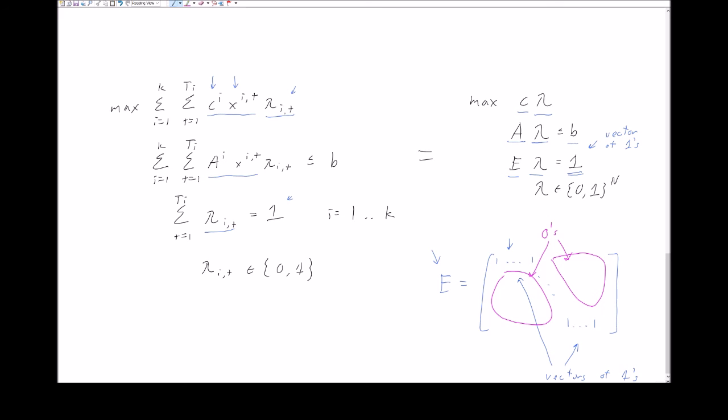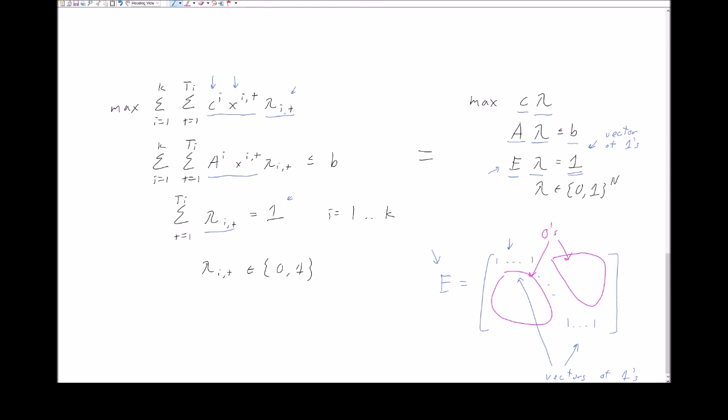Along this diagonal, we have a vector of 1s, one vector for each of the sets 1 through k. It's not particularly important exactly how to define this matrix E. What's really important is that we're going to compact our constraints that tell us our lambdas have to be convex into some easier notation to digest.